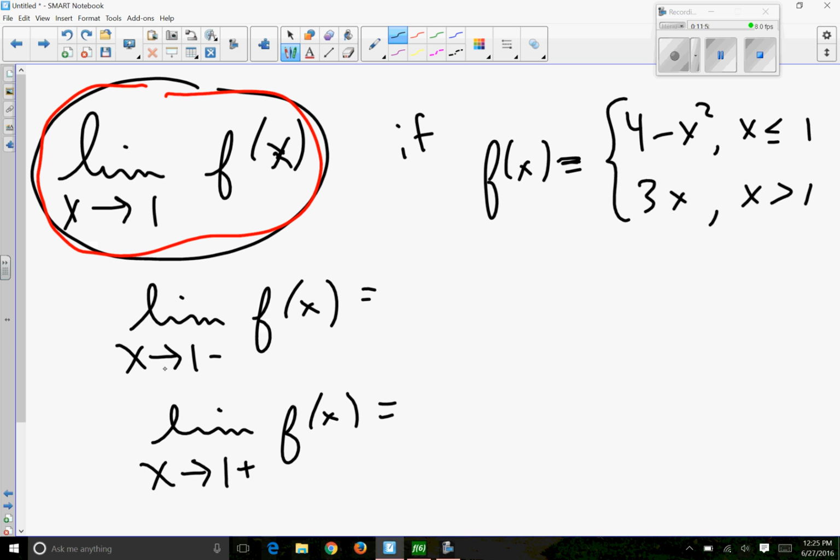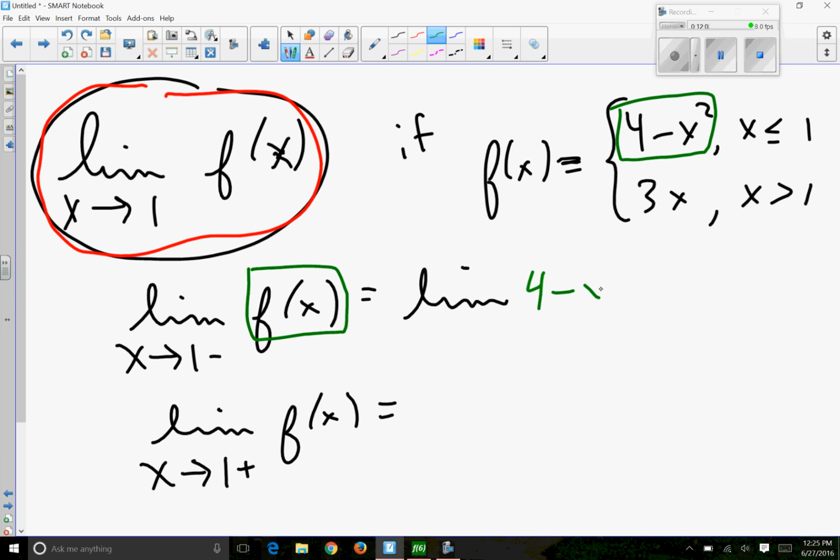But if x is close to 1 on the left, then f of x is 4 minus x squared. And we find the limit of 4 minus x squared as x approaches 1 by replacing x with 1. 4 minus 1 squared is 3.